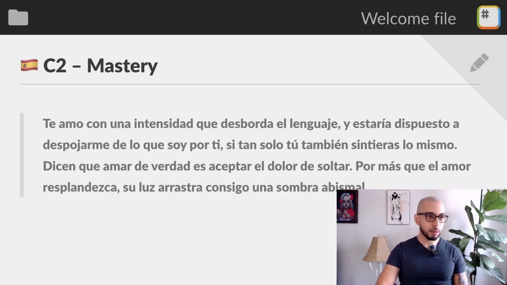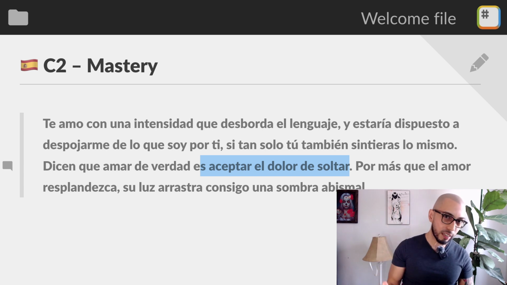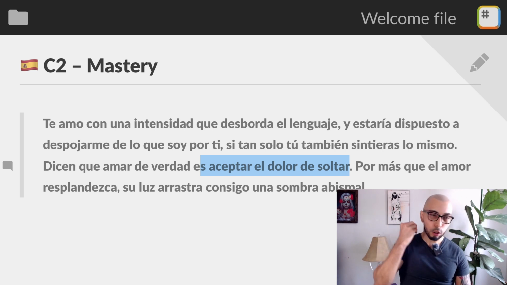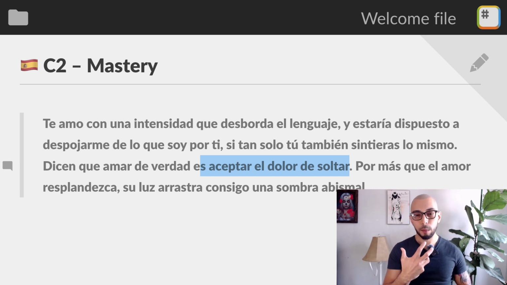But at the C2 level, ladies and gentlemen, true love means dicen que amor de verdad es aceptar el dolor de soltar. It's not just learning to let go, it's an acceptance, somber acceptance.